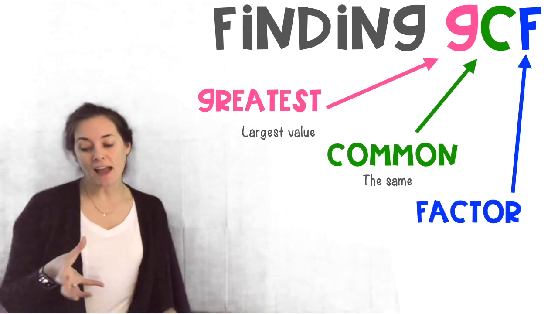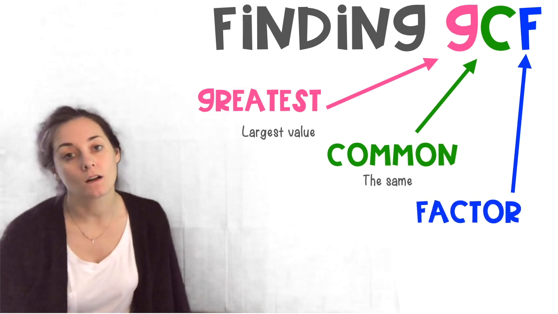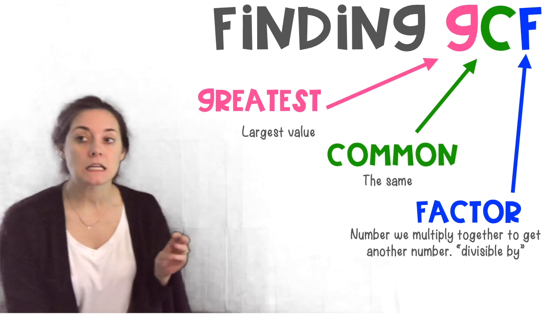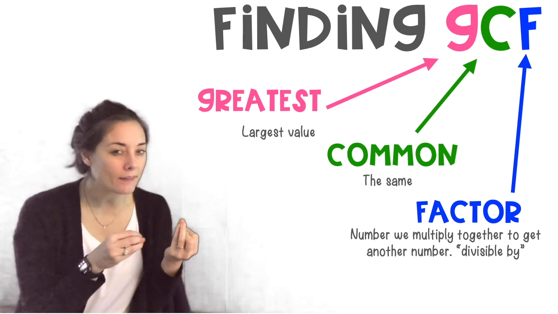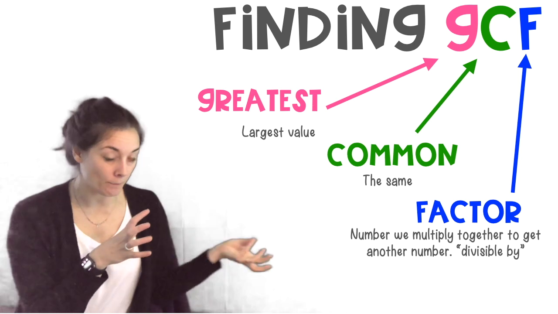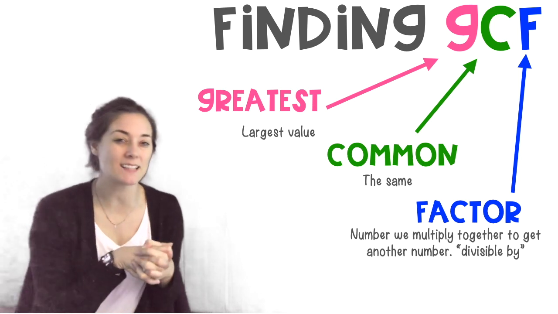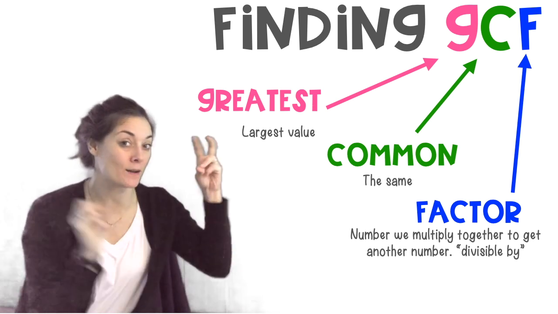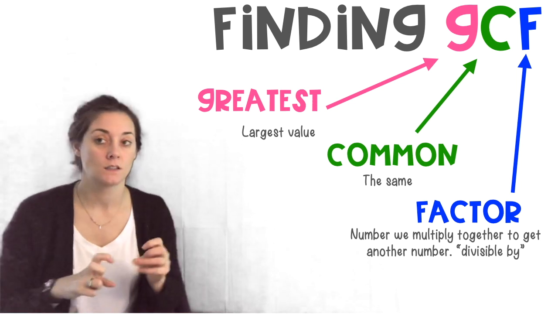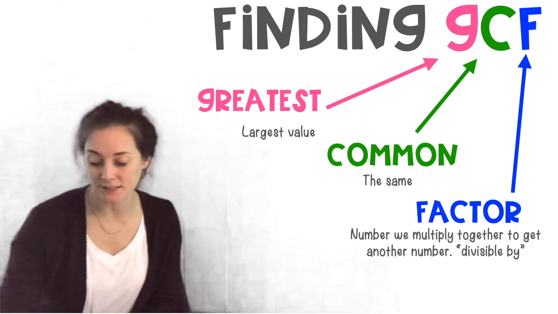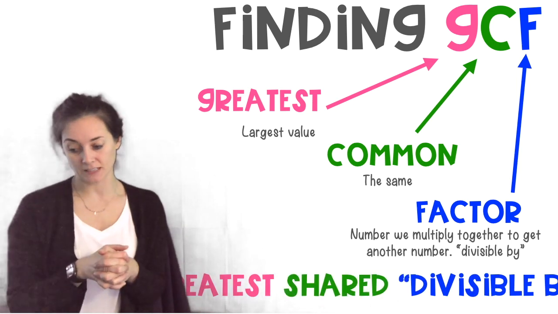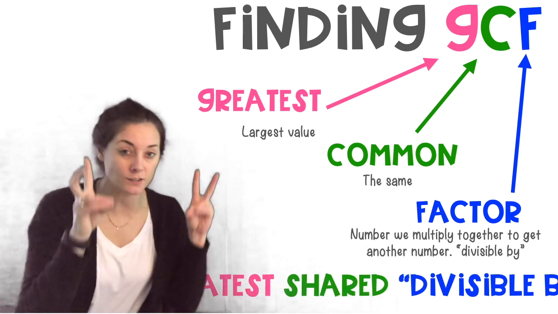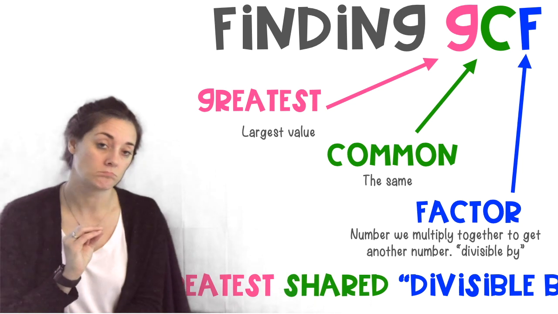A factor is one of two numbers that when you multiply them together, they create another number, or it's a number that a target number is divisible by. So we're going to use that kind of term when we simplify what greatest common factor is, when we say it's the largest shared divisible by number.